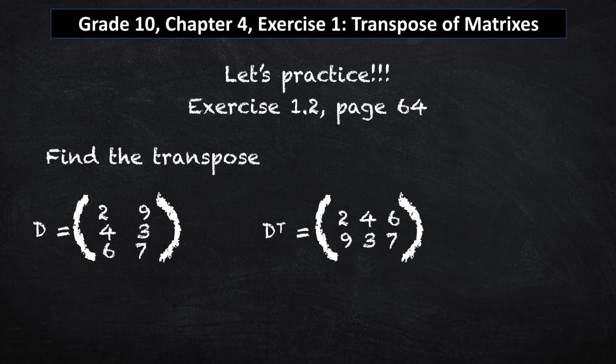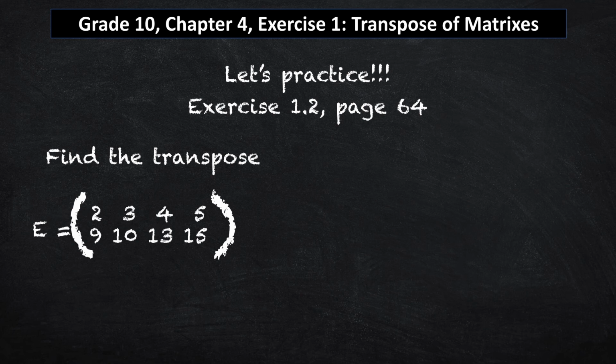The elements 4, 3 that were in the second row of the D matrix are now in the second column of the transposed. And the elements 6, 7 that were in the third row of the D matrix are now in the third column of the transposed. So the D matrix is a 3 by 2 matrix, and its transpose is a 2 by 3 matrix.